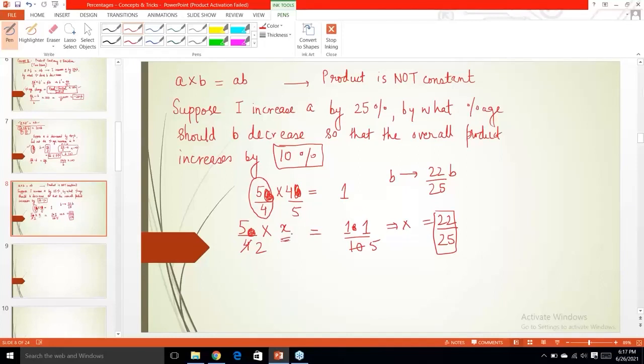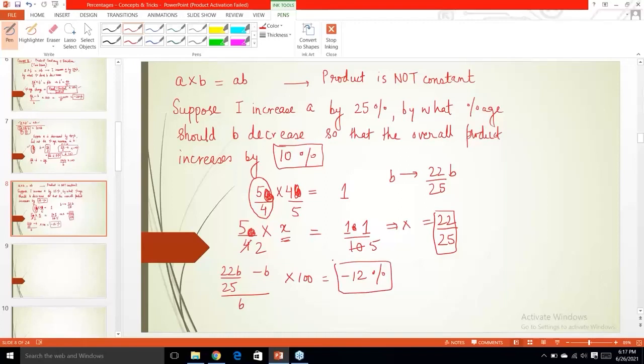Obviously, I can solve for x very quickly, right? So B becomes 22B by 5. So what is the percentage change? The percentage change is final minus initial upon initial into 100, right? And if you calculate this, you will get minus 12%.